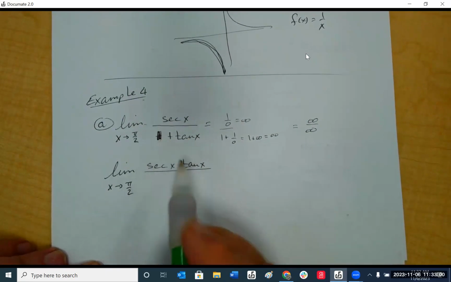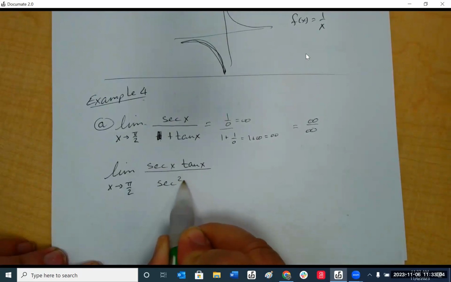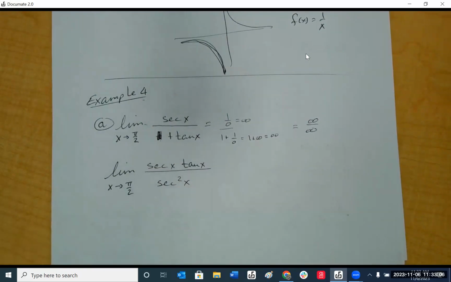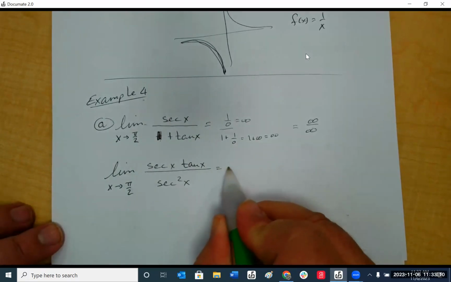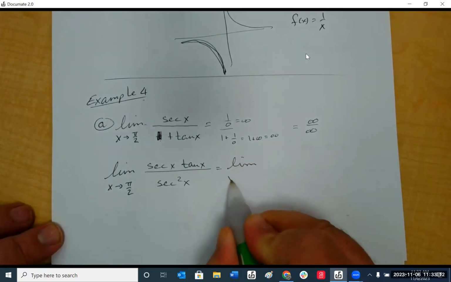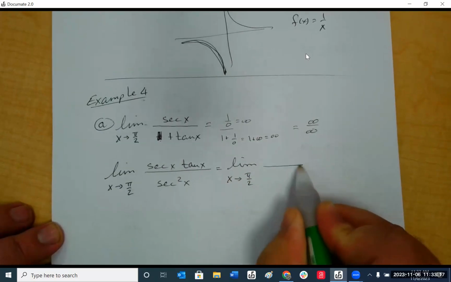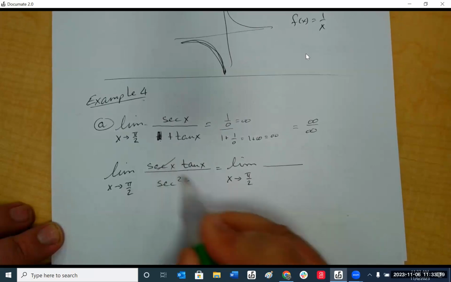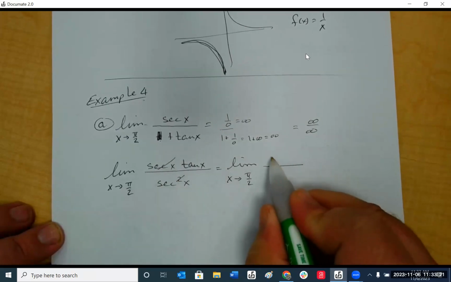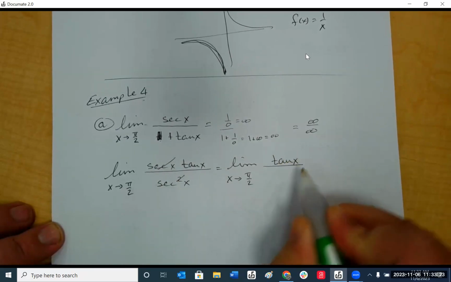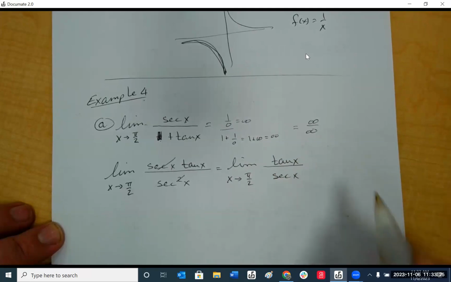And the derivative of 1 plus tangent? Secant squared. When we simplify, one of the secants disappears, so we have tangent x secant x.